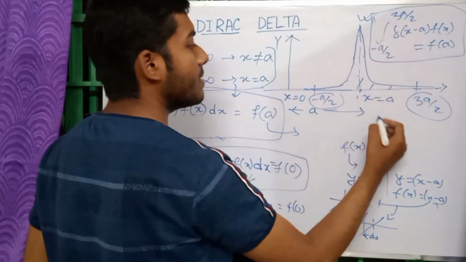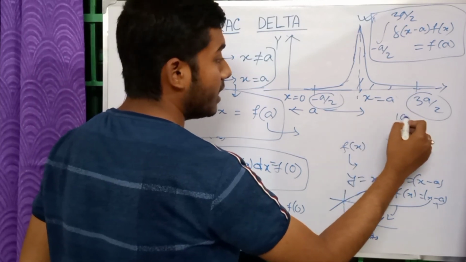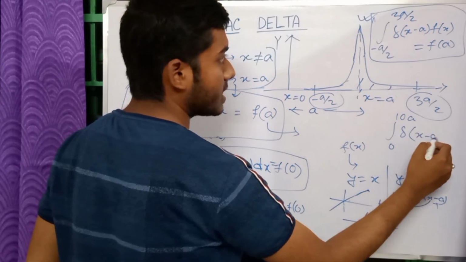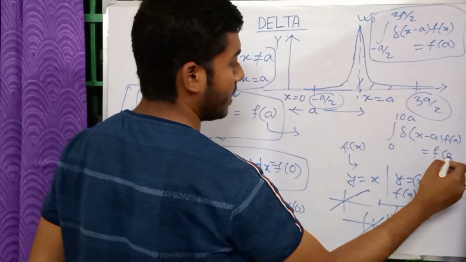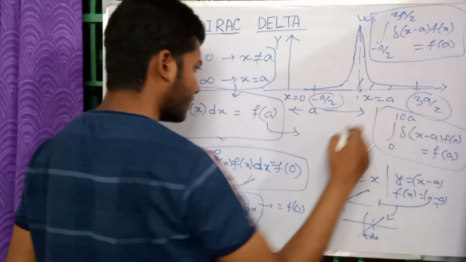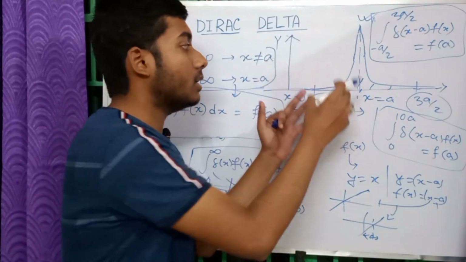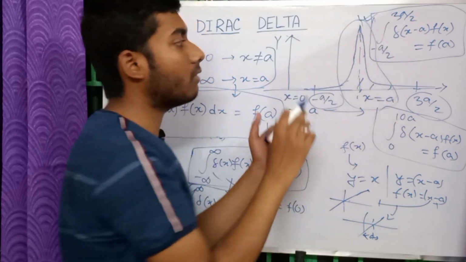Likewise, this limit can also be from x equals 0 to x equals 10a, right? All the vicinity points can be applied here as limits. But you have to make sure that this region is covered in that limit.